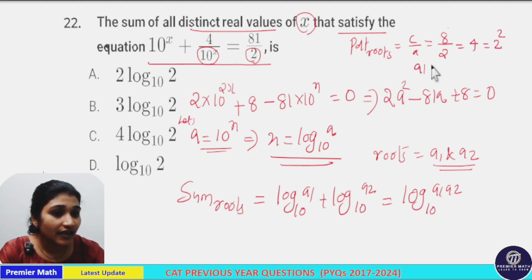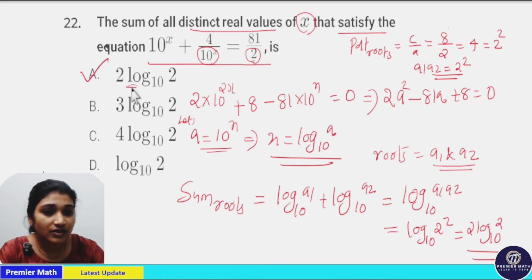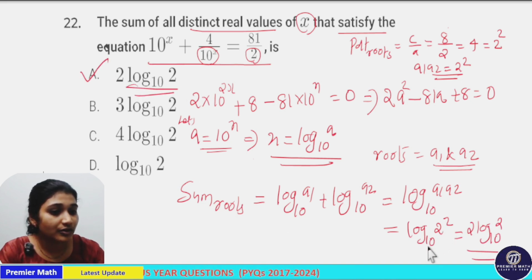That is, a1 a2 is equal to 2 square. Now this becomes log 2 square to the base 10, which is equal to 2 log 2 to the base 10. Option A is your answer.